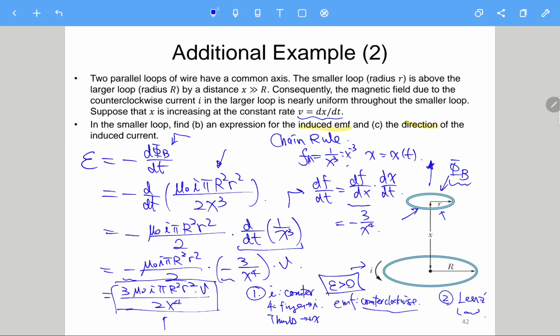According to Lenz's law, the induced B should be pointing upward to counteract this change. In this case, the EMF should be counterclockwise, so that it can generate the induced B pointing upward. So both of these ways give the same conclusion.